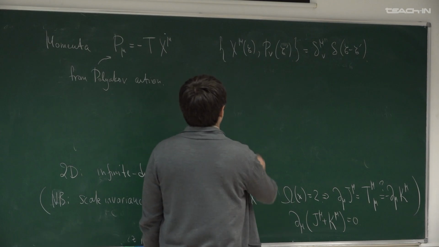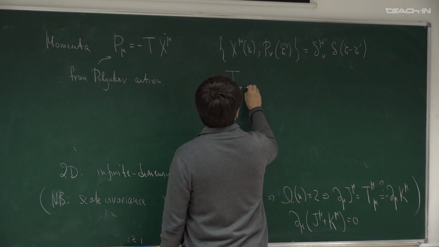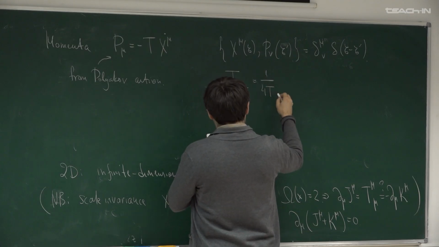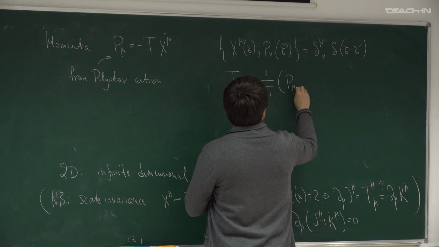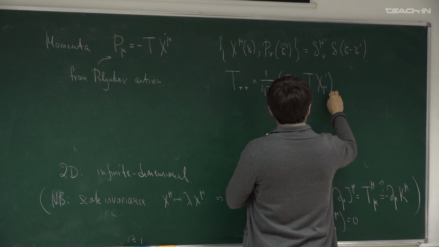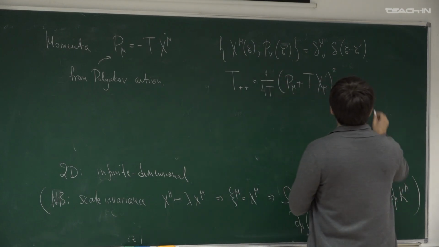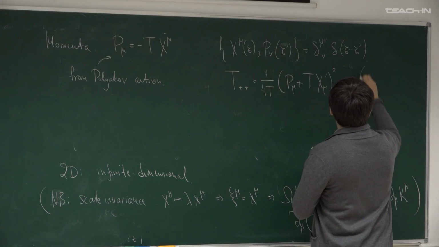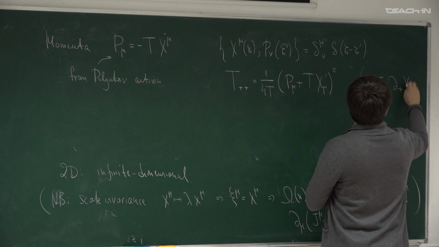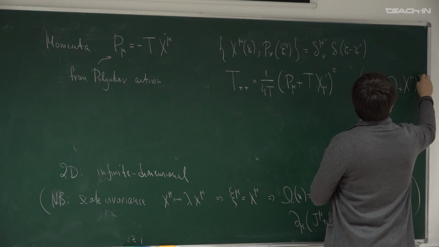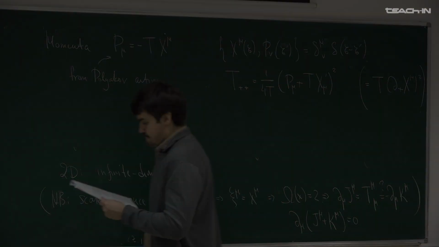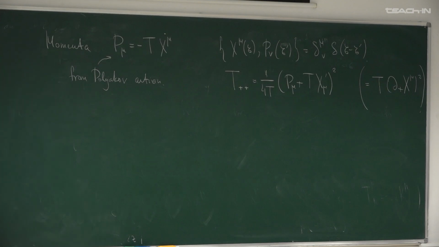And the components of the energy momentum tensor that we want to consider have the form 1/4T, and in brackets we know that this is the same as what we had before in terms of velocities. So now we need to compute the Poisson brackets of these.